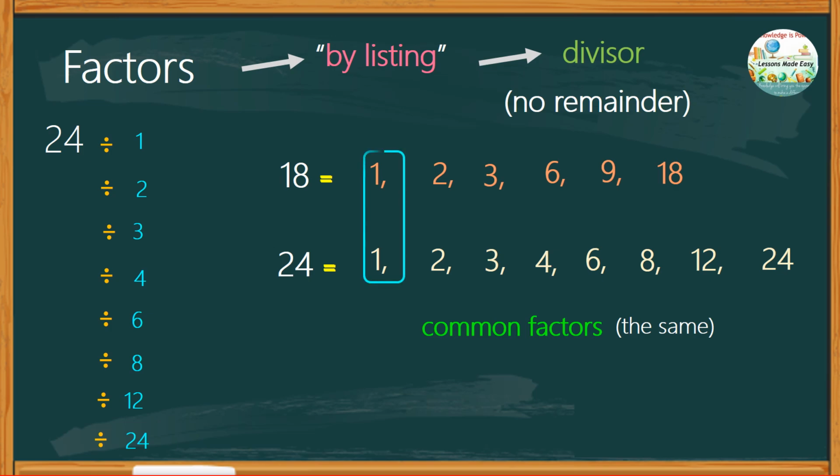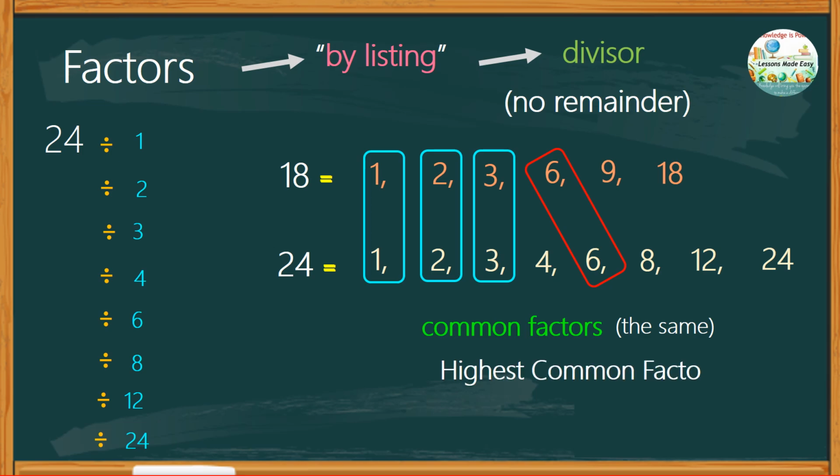We have 1, 2, 3, and 6. And when we say highest common factor, or HCF, we only need to look for the largest or the biggest number. Among 1, 2, 3, and 6, the largest number is 6. Therefore, the highest common factor of 24 and 18 is 6.